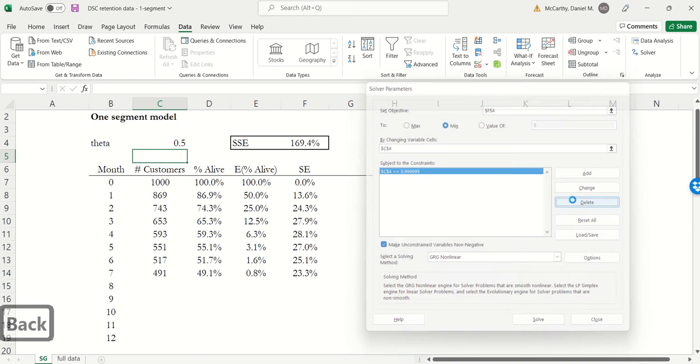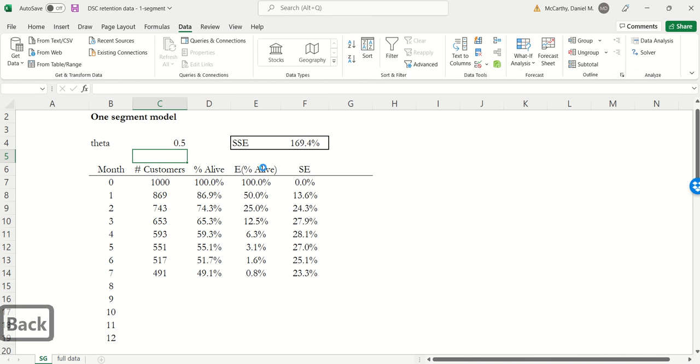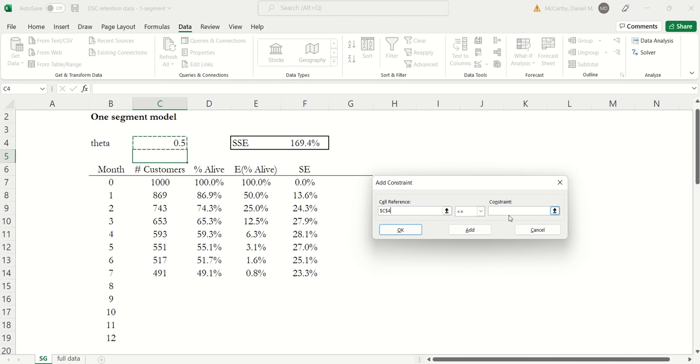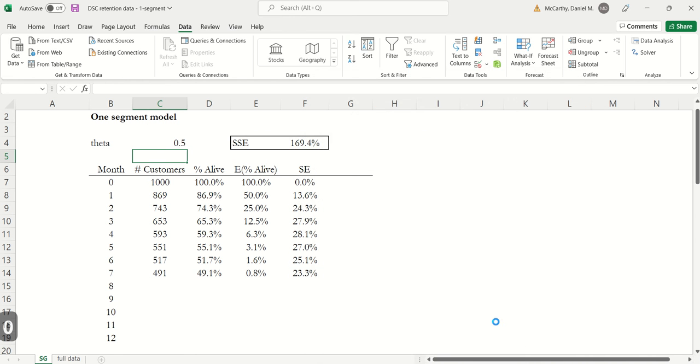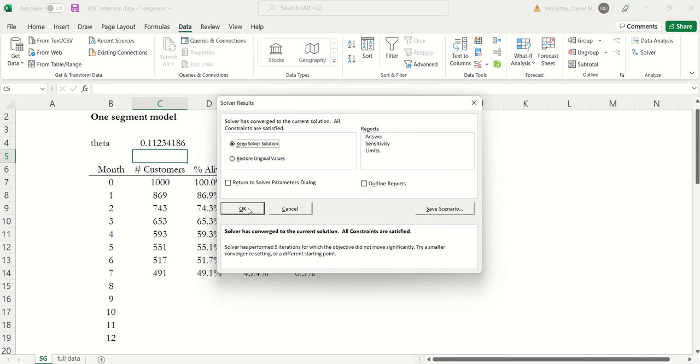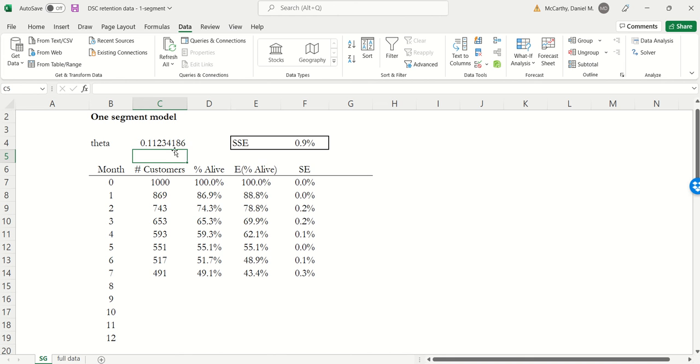And the only constraint that I'm going to have is that theta needs to be less than 1, and it needs to be greater than 0. Those are the two constraints. Solver. Here we go. So we can see we estimate a theta of 0.112.